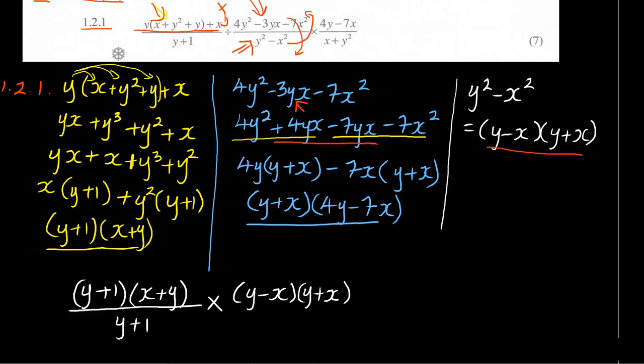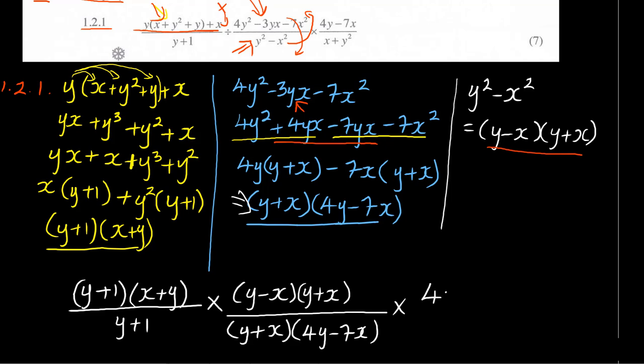Don't forget that. And then what was the numerator now becomes the denominator, divided by y plus x, and multiplied by the last part, which is 4y minus 7x all over x plus y squared.